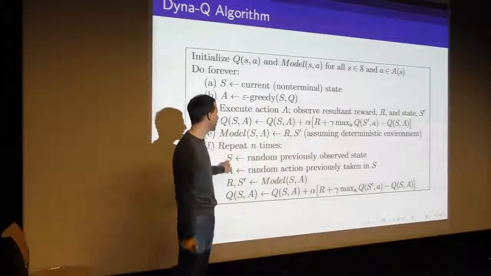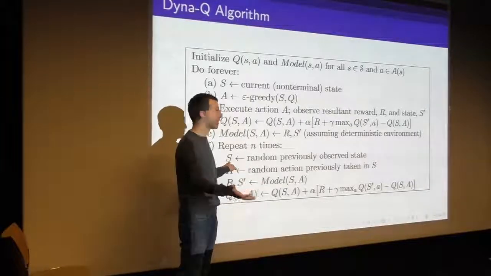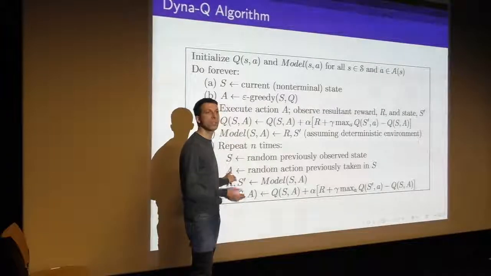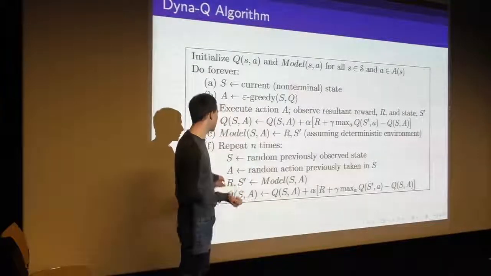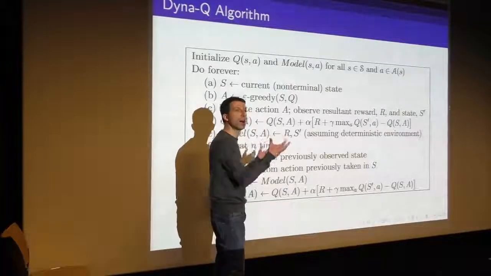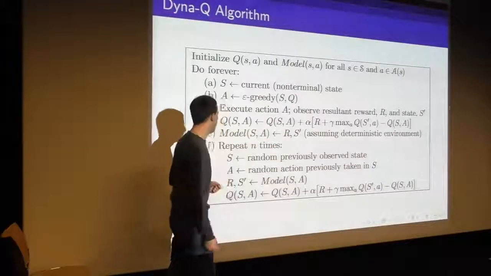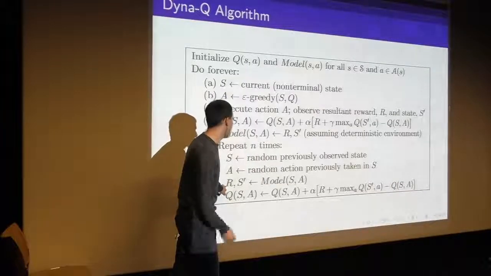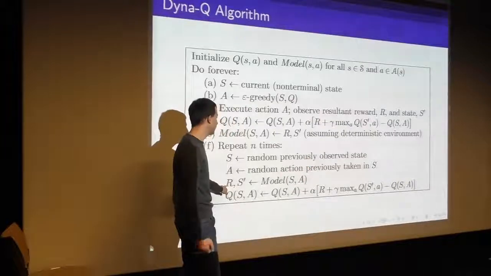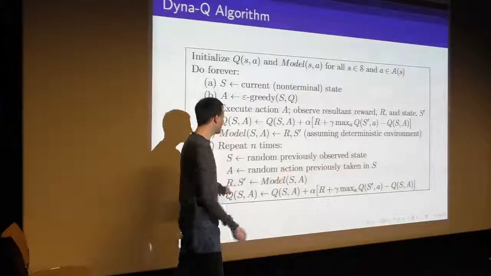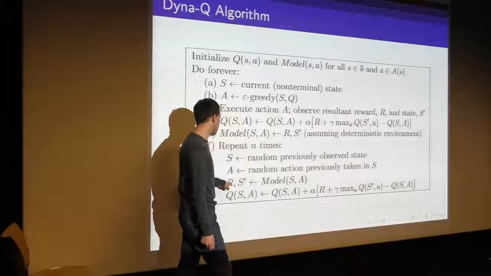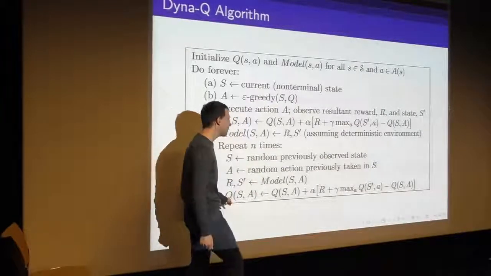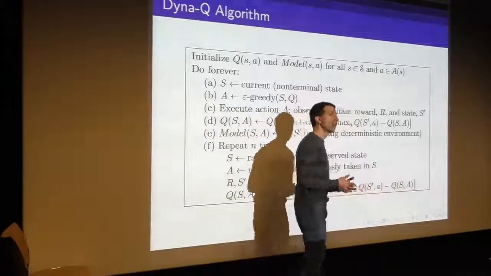So what we can do is we can just start with some random state that we've already seen, sample some action that we've taken, and just sample this from our memory-based model. And now what we do is we basically imagine that transition. We say, okay, well, according to my model, if I started in this state and took this action, I would get this reward and end up in this state. So let's imagine that transition, and let's apply a Q-learning step to that imagined transition.